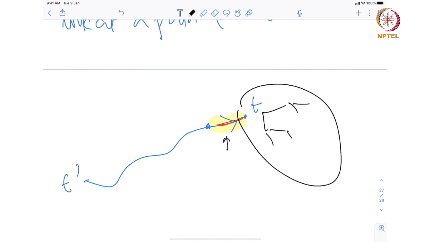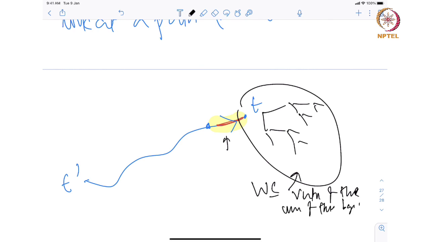So suppose this is the tree after I delete this arc. Now, what is the meaning of this edge? It means W is contained inside the vertices of the union of these bags. But then what does it imply? This implies that there will be some t double prime here where w is contained inside X t double prime. Then w is here, which implies that w belongs to every bag on this path, and in particular w belongs to X t.